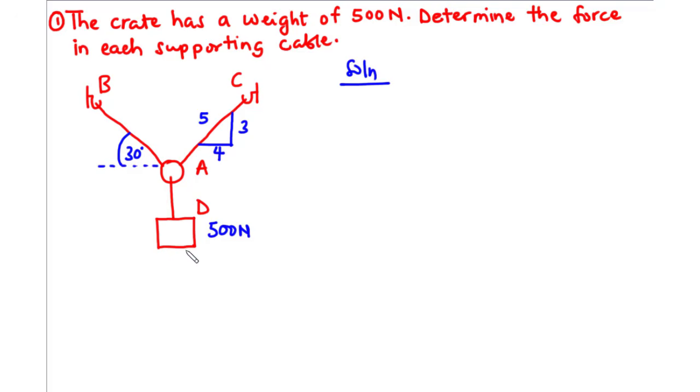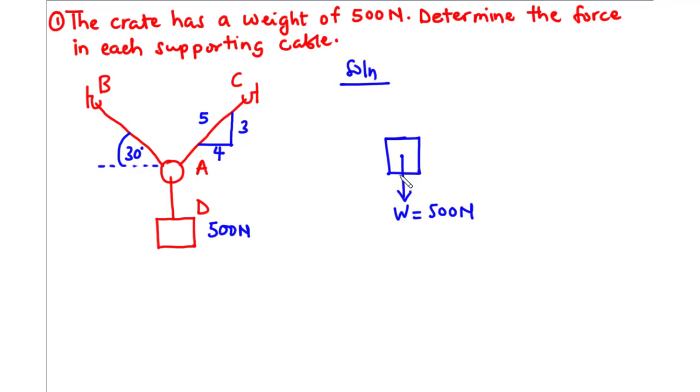So first of all, let's focus on the crate. Now the crate is said to have a weight of 500 newtons. So assuming we have this to be the crate, we have the weight of the crate acting vertically downwards. So that is W equals 500 newtons.